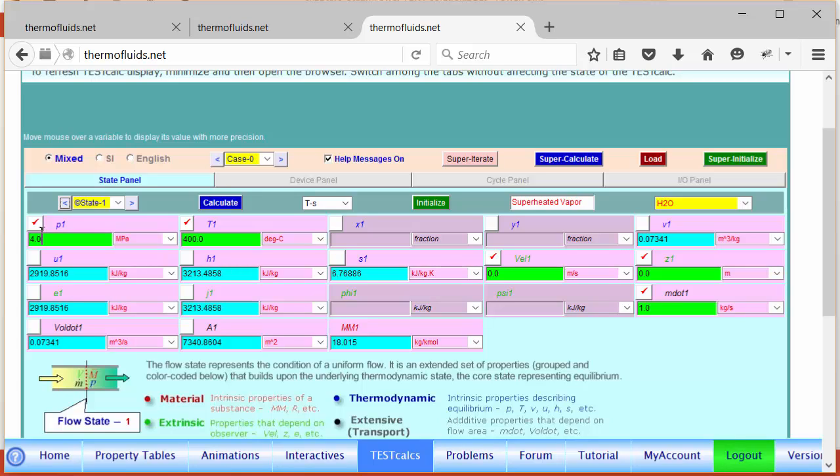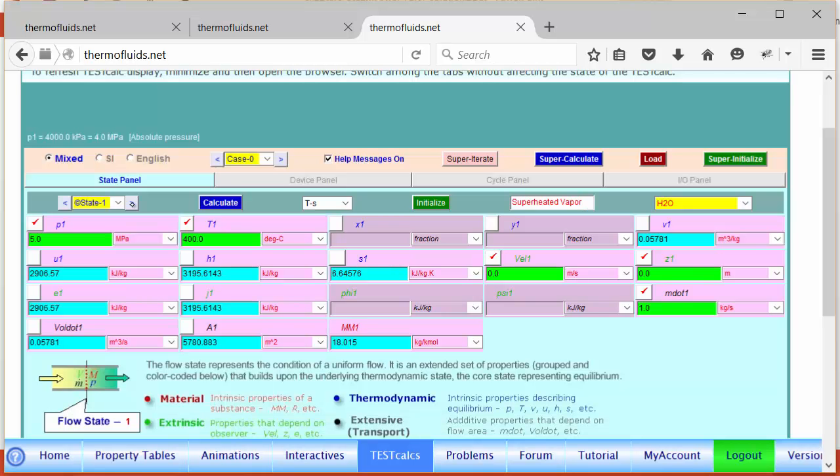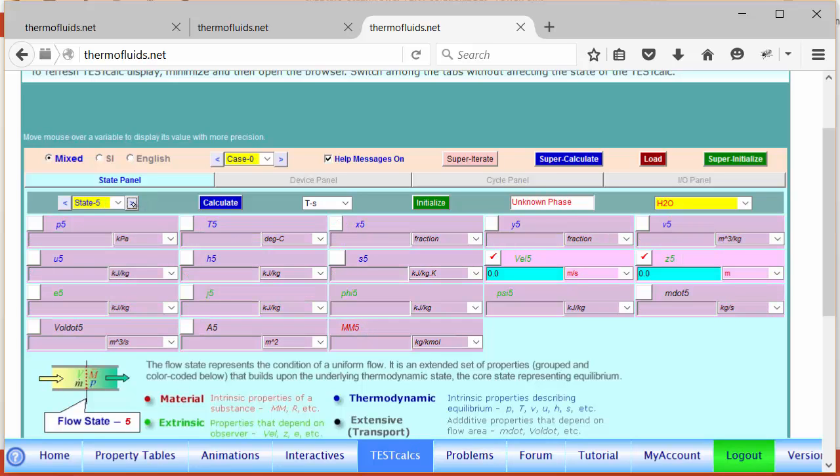So instead of 4 MPa, the turbine inlet pressure is going to be 5 MPa, and the condenser pressure is going to be 90 kPa. Condenser pressure appears right here. I believe all the other pressures are given in terms of it; notice 100 doesn't appear anywhere else.